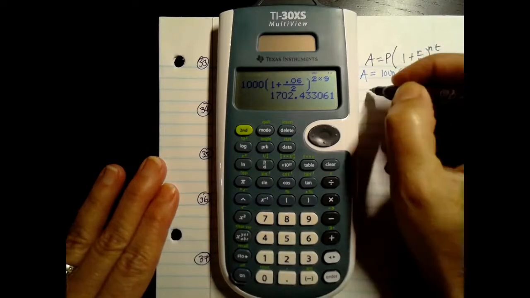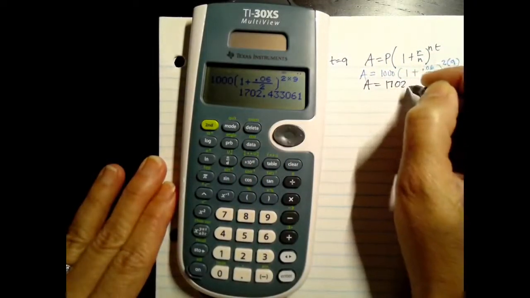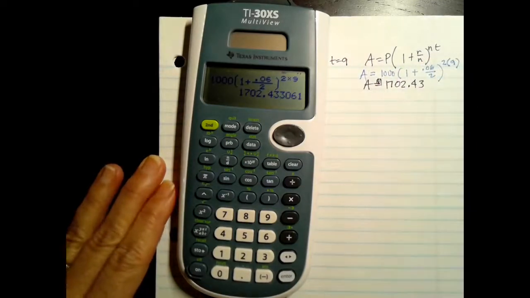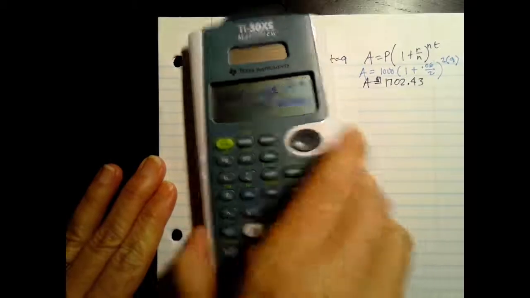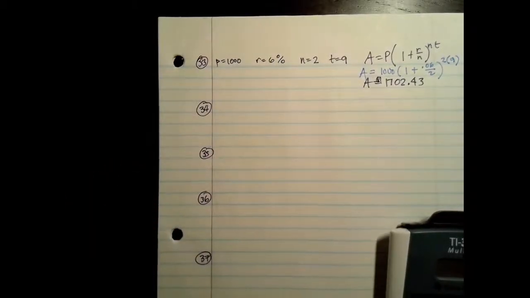So this would be equal to the accumulated value, 1702.43, because it's money, so you need to go to the hundredths place. Okay, so that is number 33.